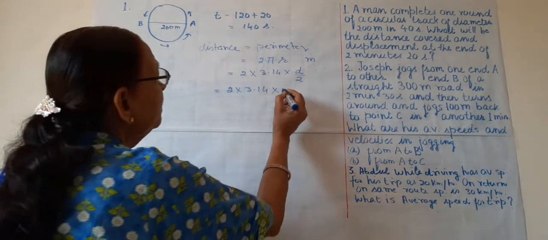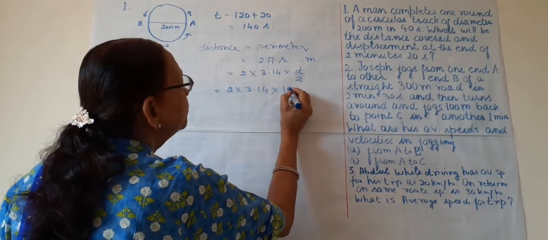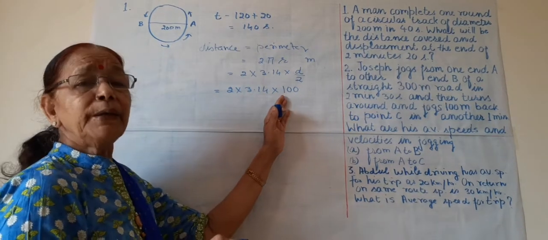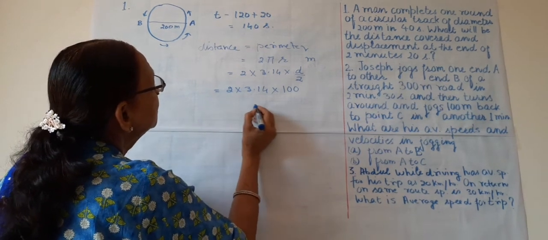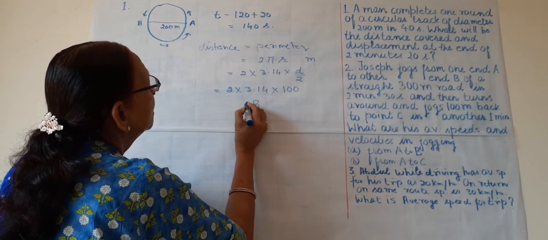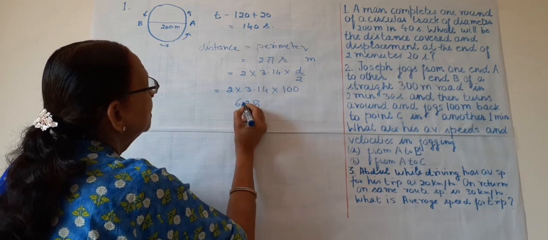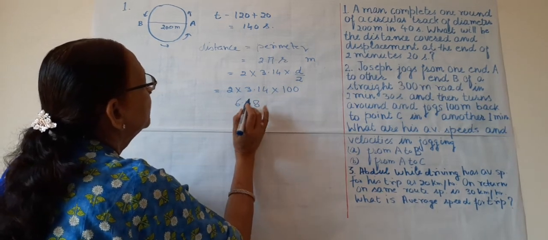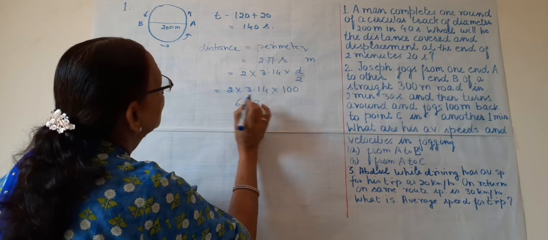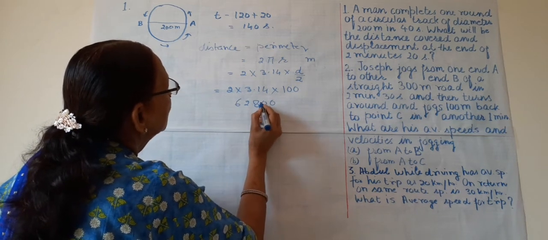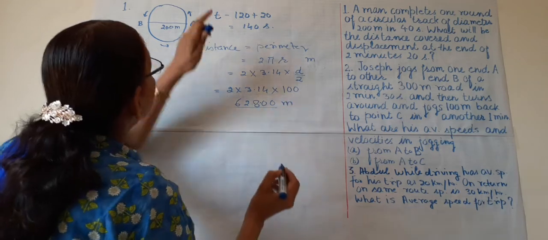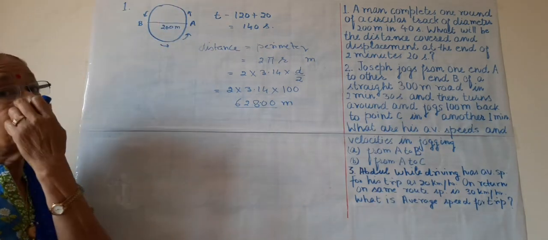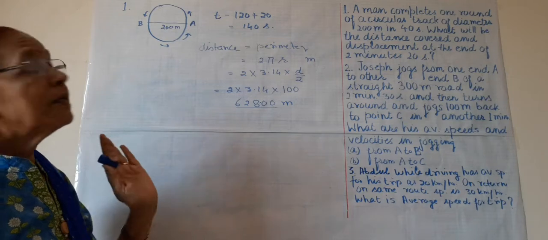Sorry, diameter is 200. So the radius will be 100. So 628 meters is the perimeter, circumference of this circle.